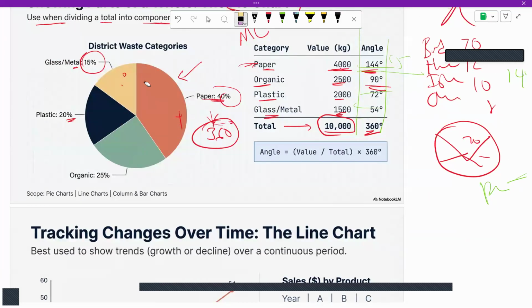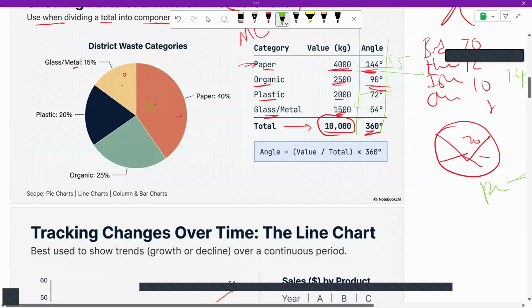So this is the pie chart we have drawn based on the formula. Here we can put 4,000 kilograms. Here you can put 2,500. Here 2,000. Here you can put 1,500.